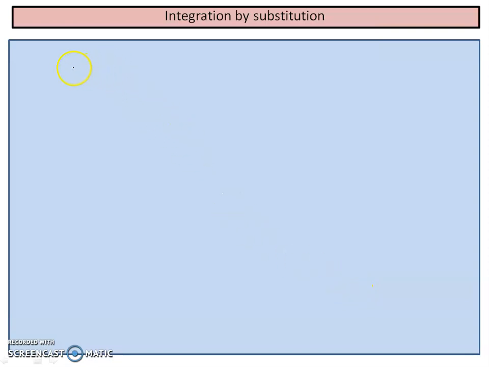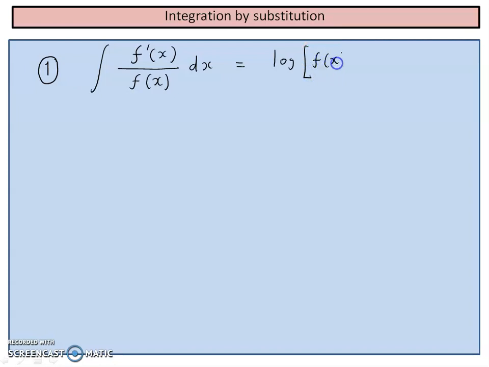Now the first rule we got, this is what derivation we have done: integration of f dash x upon fx dx is nothing but log of function of x, that is the denominator, plus of course our standard constant of integration.